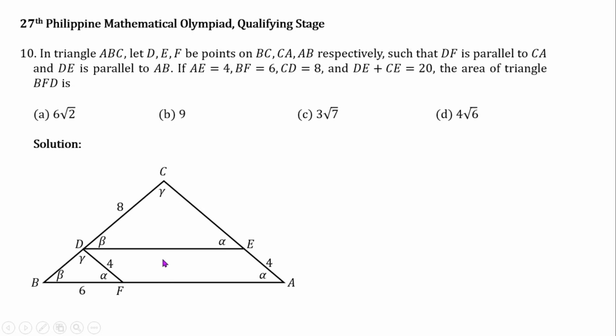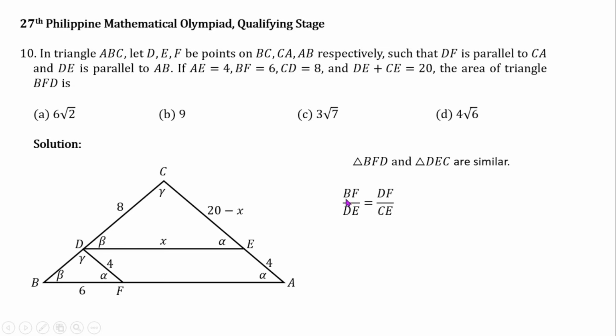Now let's represent DE by x. And since the sum of DE and CE is 20, we can represent CE by 20 minus x. Alright. Now we see some similar triangles. Triangle BFD and triangle DEC are similar, right? So since they are similar, their corresponding sides are proportional.